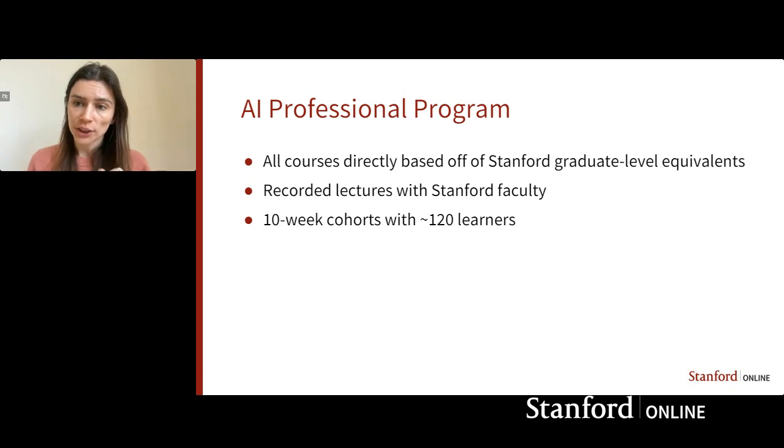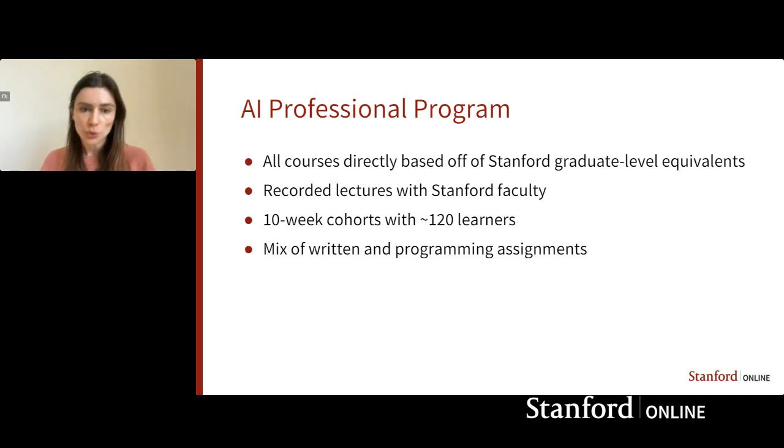They are all structured as 10-week cohorts with, we say, 120 learners to keep it at the minimum, but right now the classes are even much higher in their attendance, so you will definitely have a chance to meet people who work in similar fields on similar subjects, and you will be able to interact with them. Of course, you don't have to, but there will be some chances to do this.